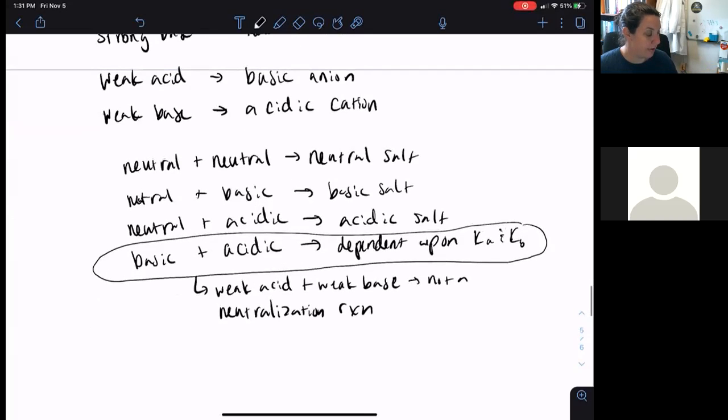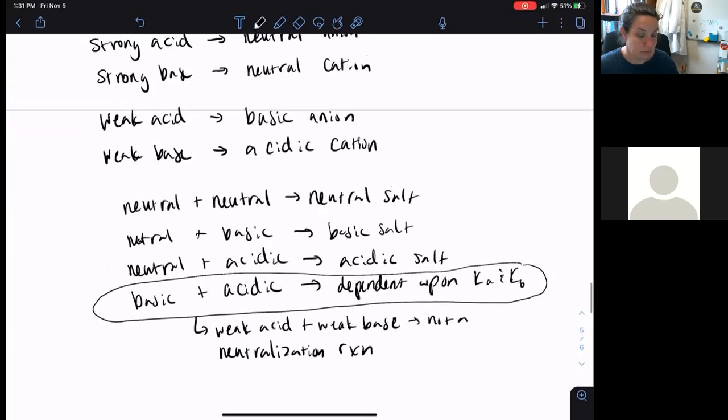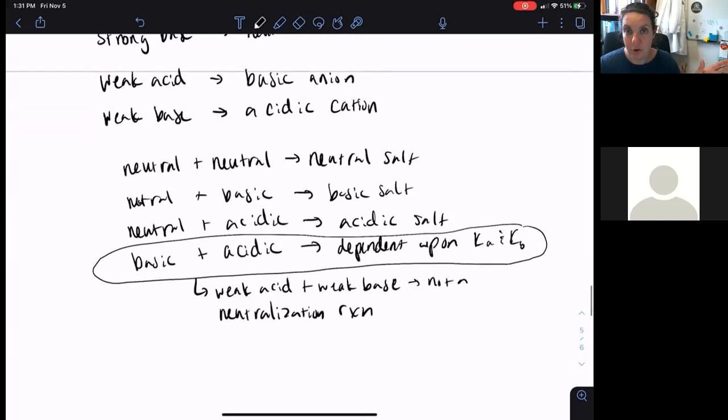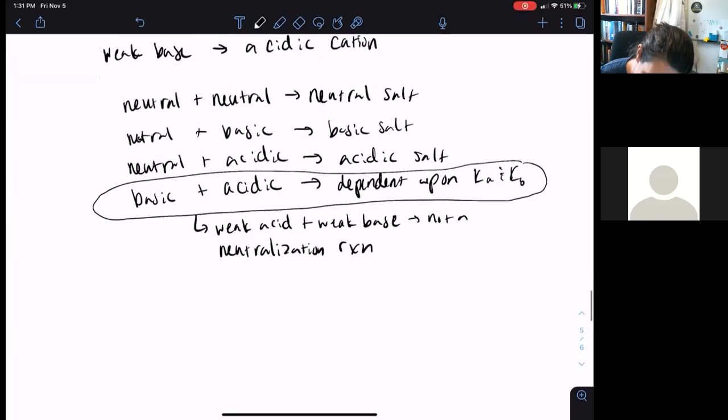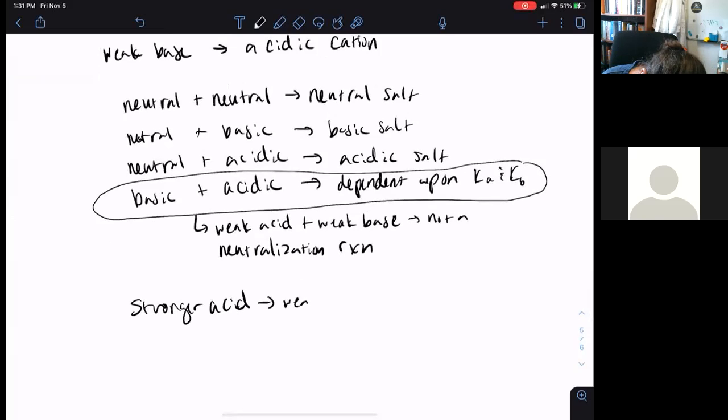So if we think about it, your strong acid will produce a neutral base. So a stronger acid will produce a weaker base, versus a weaker acid.